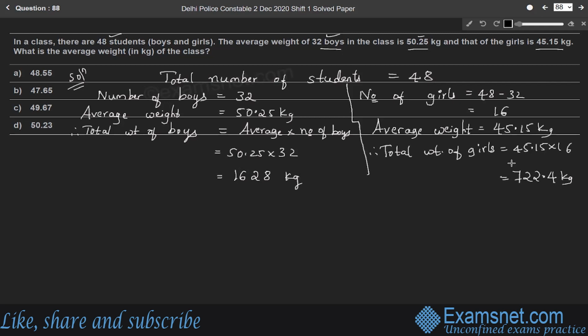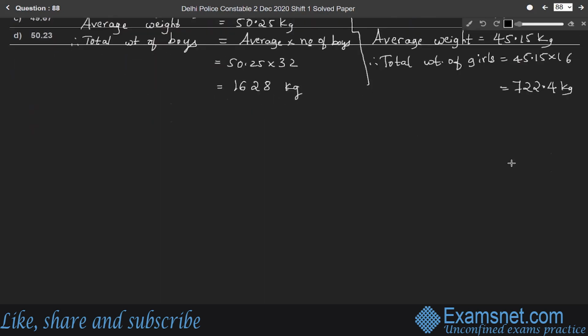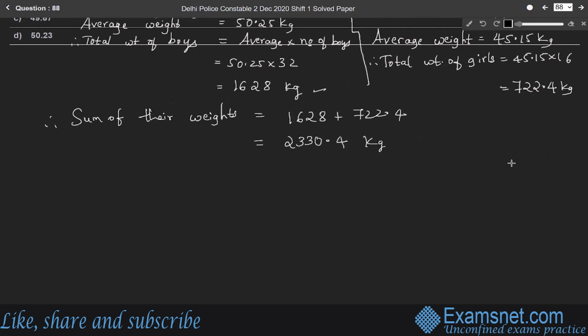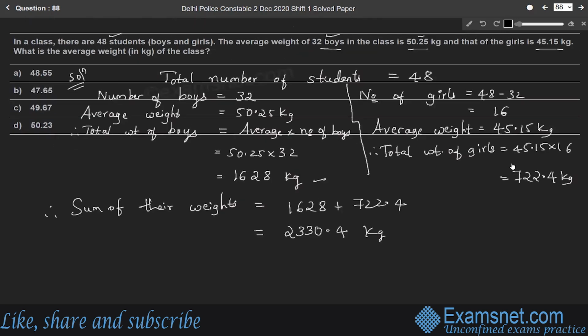So sum of their weights is equal to 1628 plus 722.4, which is 2330.4 kgs. So what is asked here in the question?